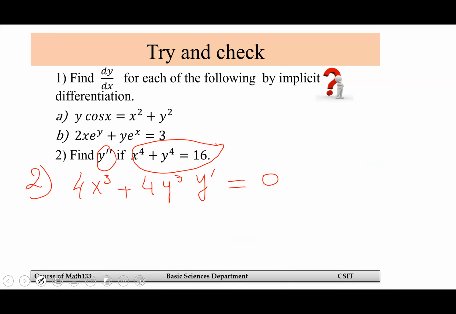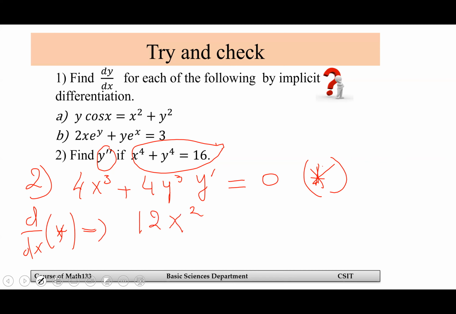Now, if I want to get y double prime, I have to differentiate this new equation, star, that I know. So again, d over dx of star will give me 12x squared plus, and here be careful of the rules of derivative.